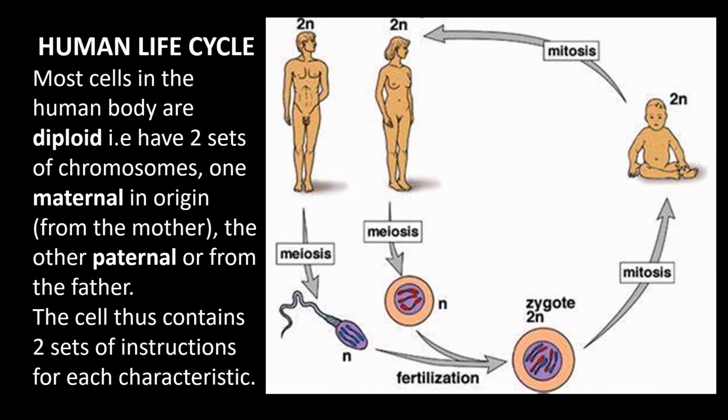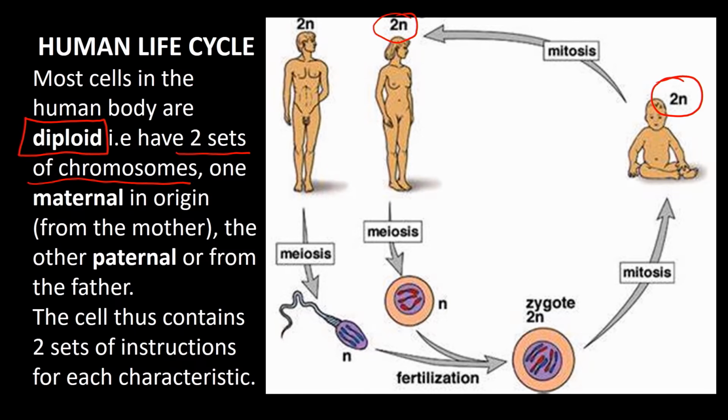I'm sure you've seen this before. This is a human life cycle, and I'm sure you've seen that term before as well, because all cells in our body, normal cells, not reproductive cells, are 2N, and that is called diploid, meaning they have two sets of chromosomes.